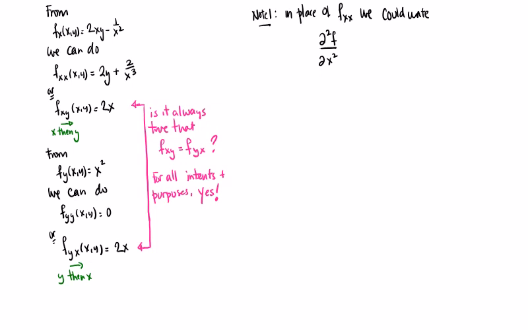Now, this may seem a bit weird, but this should remind you of Calc 1. In Calc 1, we have partial f partial x, and for a second derivative, we have partial squared f partial x squared. So this is running parallel to that. It's basically the same, right?